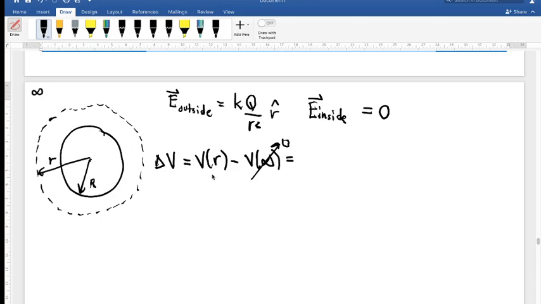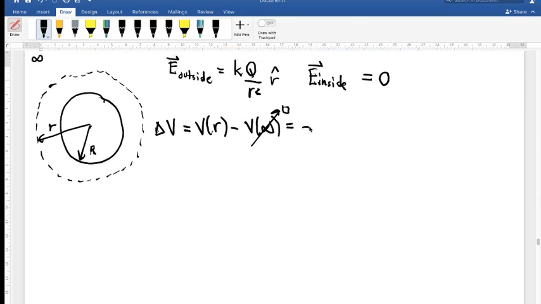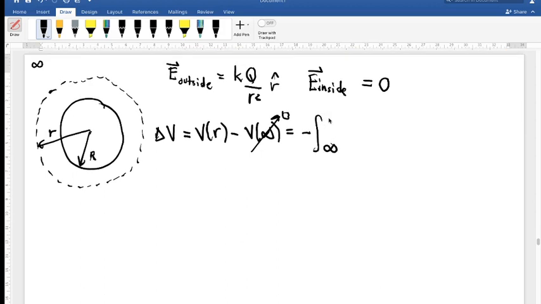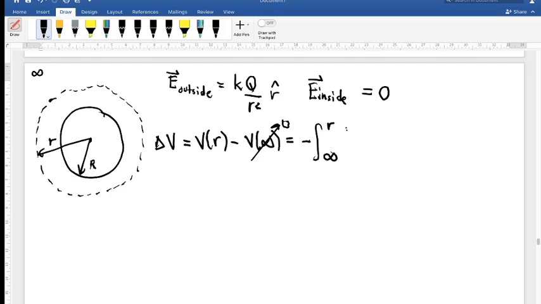So basically what's left is your V(R), which is equal to the negative integral from infinity to R, the distance of your Gaussian surface from the origin, of E dot dl. We have kQ over R squared R hat dot dr R hat.